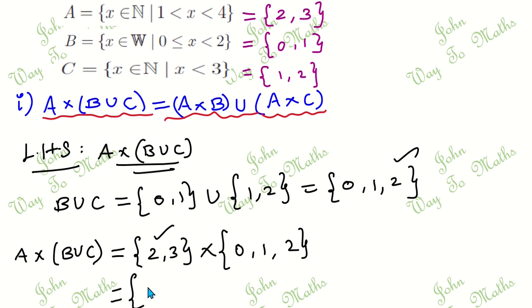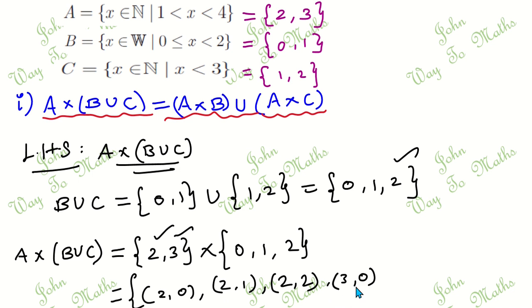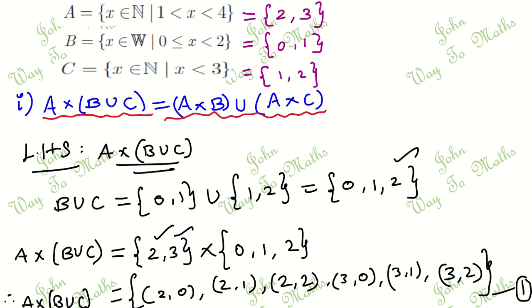So here 2 comma 0, then 2 comma 1, then 2 comma 2. Then I'm going to choose 3. Here 3 comma 0, here 3 comma 1, then 3 comma 2. So this is considered equation number 1. Therefore that is A cross (B union C), the LHS.